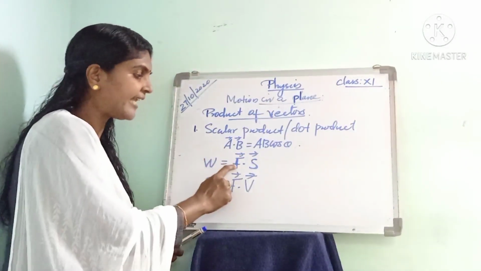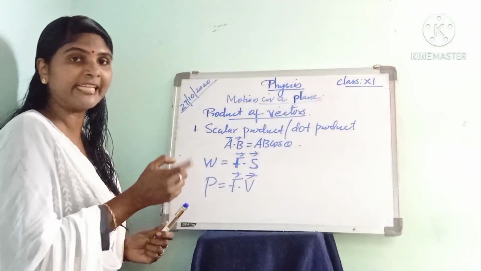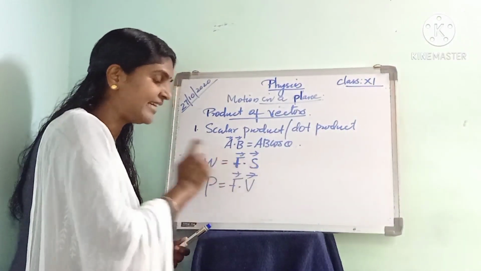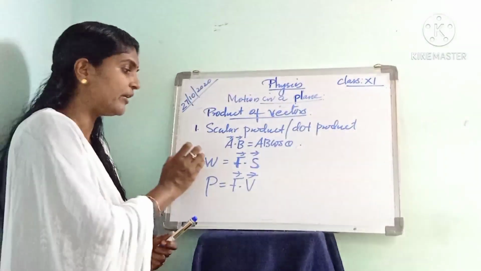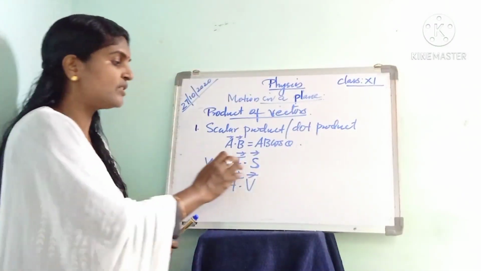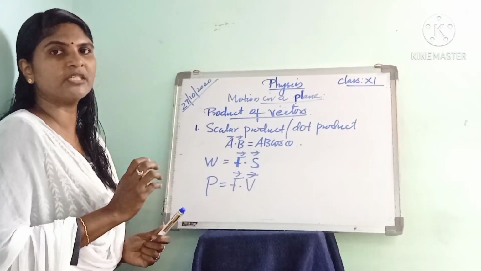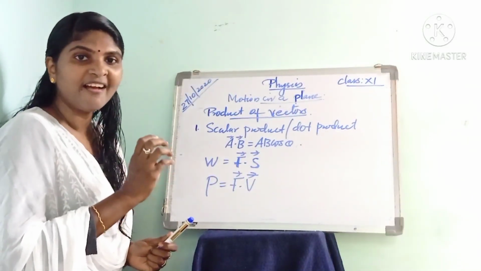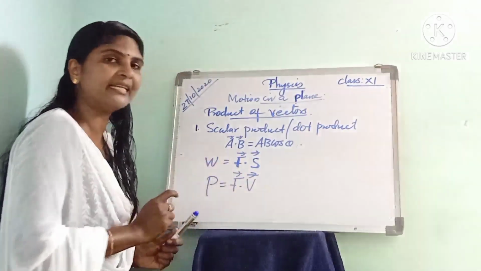After taking the dot product of force and displacement, we will get another physical quantity, something you already studied in 9th standard. Force into displacement will give what? Work done. Work done is the dot product of force and displacement.